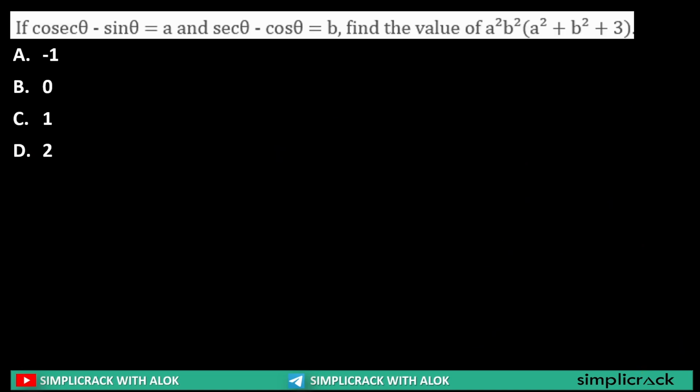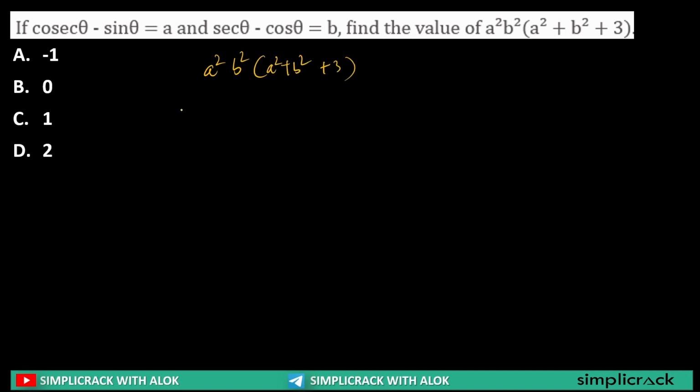Now the next question. Cosec theta minus sin theta is equal to A. Sec theta minus cos theta is equal to B. So what should you be doing in this question? It is written as a square b square into a square plus b square plus 3.